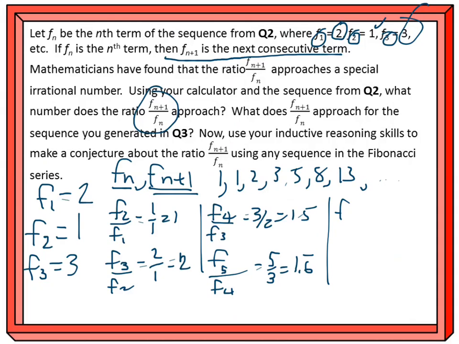And the sixth over the fifth, 8 over 5, which is 1.6, and you can see that we're starting to get close to something. So using that same kind of strategy, we're doing it now with the sequence that we had on question 2. So let me clear all this stuff off of here, and let's look at it with that sequence.